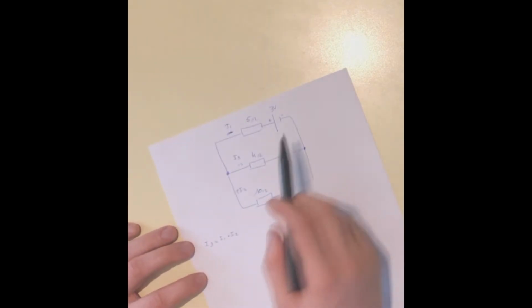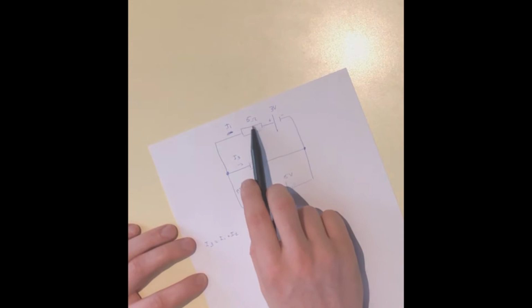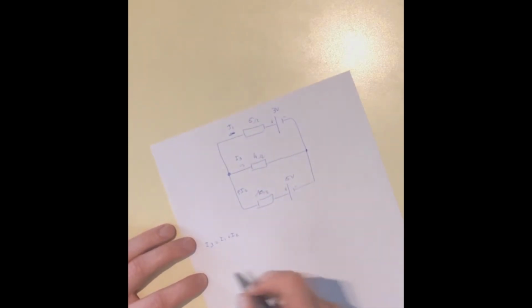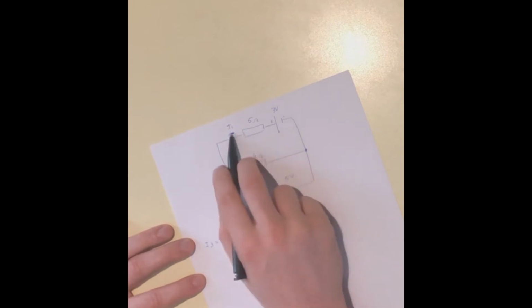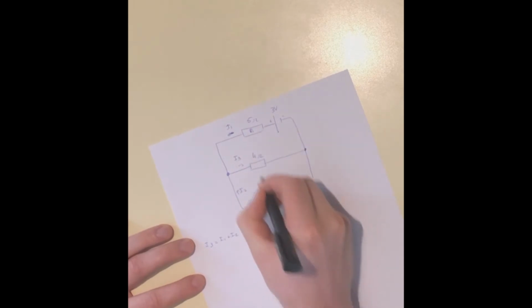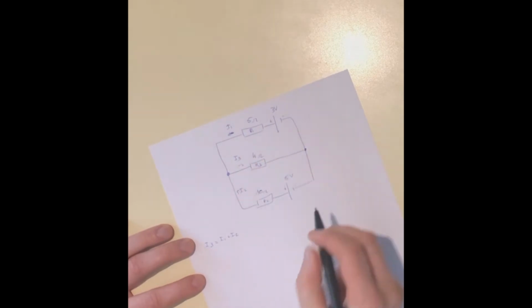So if we want to know how much voltage is across this resistor and this resistor, we can do this as follows. We know that current I1 only flows to resistor 1, this is resistor 2, resistor 3, like this.